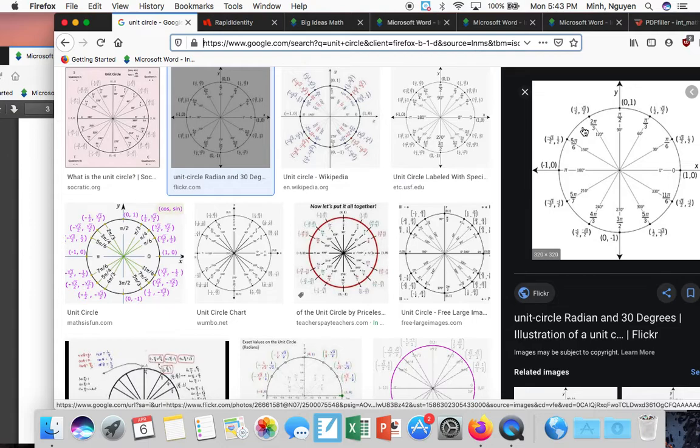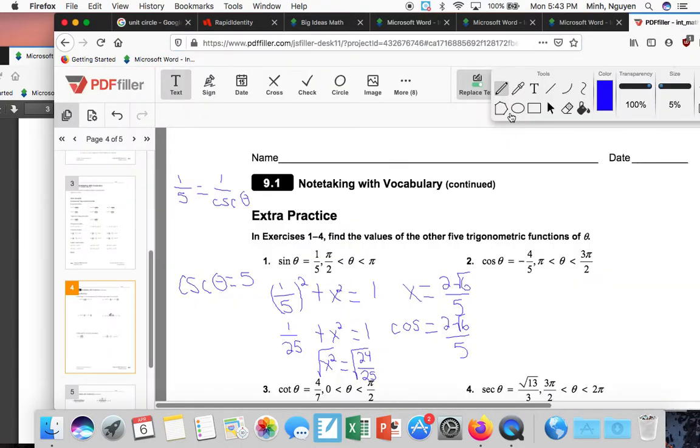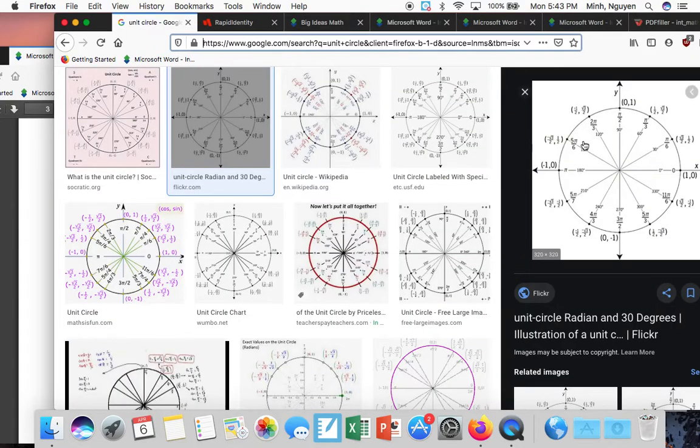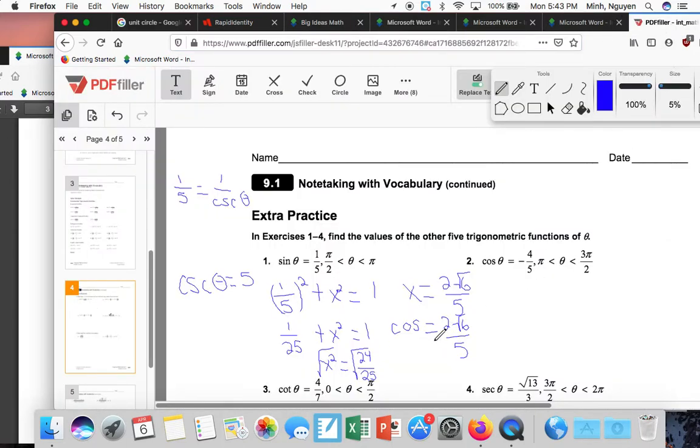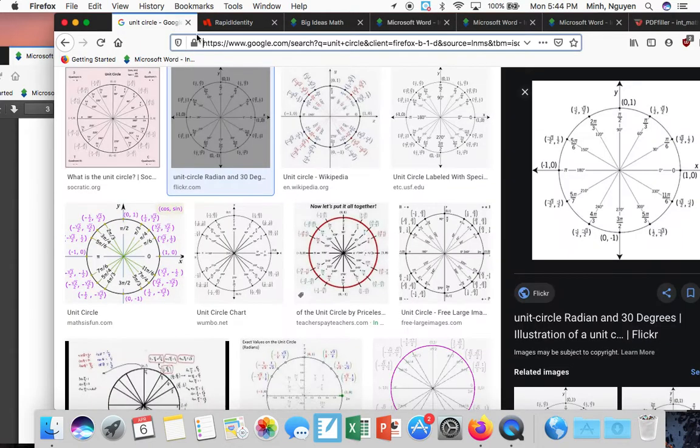So our y values, or our sine, is positive, and our cosine, or our x values, are negative. So if the angle is in the second quadrant, then cosine is supposed to be negative. So I'll go ahead and put a negative sign. Sine is positive, which works.